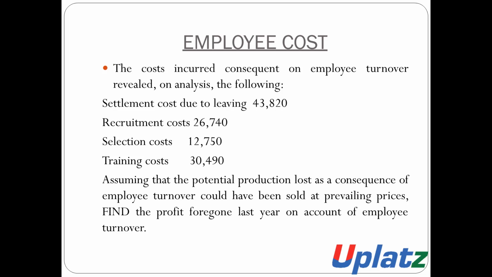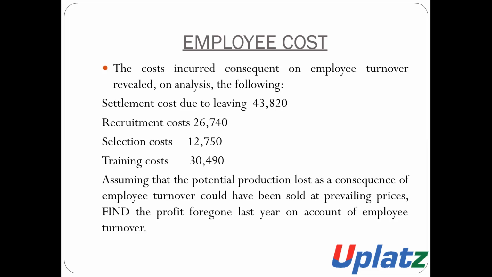Selection cost 12,750 and the training cost is 30,490. Assuming that the potential production lost as a consequence of employee turnover could have been sold at prevailing price, find the amount of profit which is foregone last year on account of employee turnover.